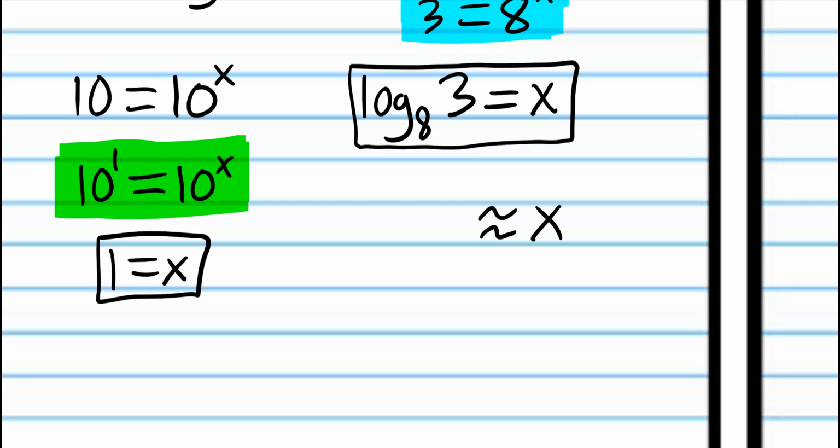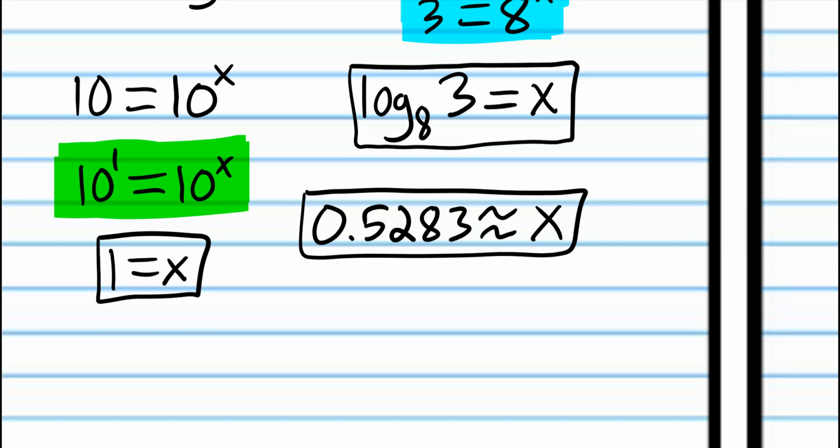Remember, you have to change the screen. Then we push 3, and then the log base y button towards the middle, and then 8, and then equals, and we get 0.5283. So we're rounding to the nearest 10,000ths place, which is here. And this time we rounded down.